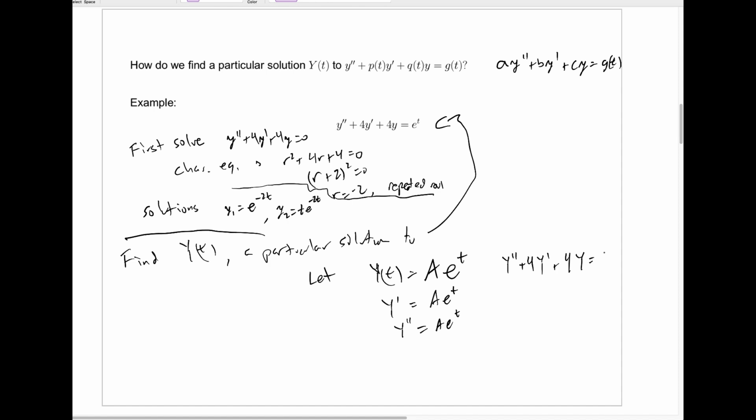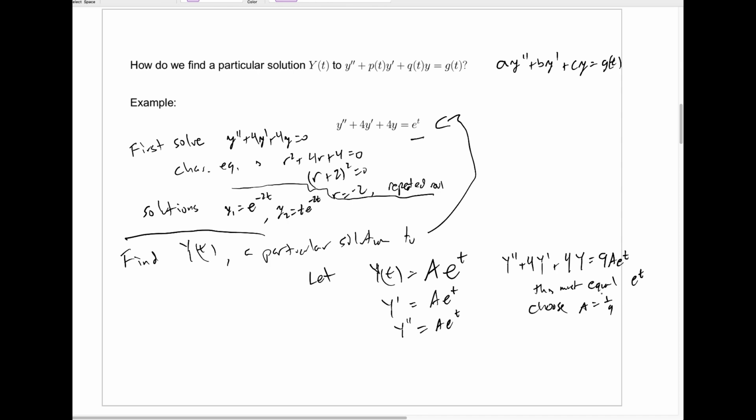It's easily seen to be 9a e to the t, and this must equal e to the t, this thing on the right. So it's very easy to do that. We'll choose a to be 1/9, and everything works.